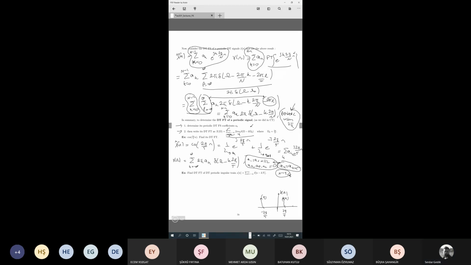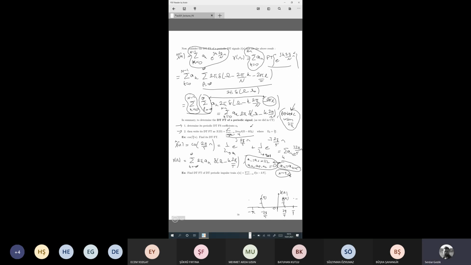And this is, let's say, pi. This is minus pi. So of course, this is periodic with 2 pi. It means that at 2 pi, I have such two impulses. One of them is at 2 pi over 5 plus 2 pi, and the other is at 2 pi minus 2 pi over 5. So this is periodic with 2 pi, my X of omega.